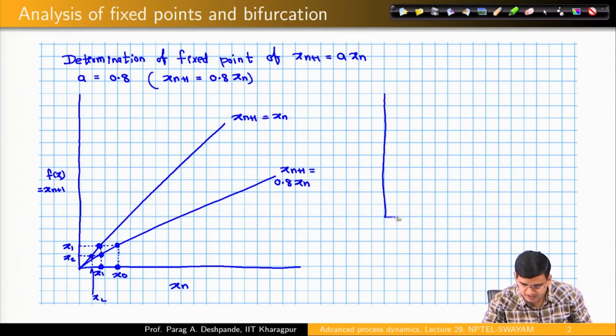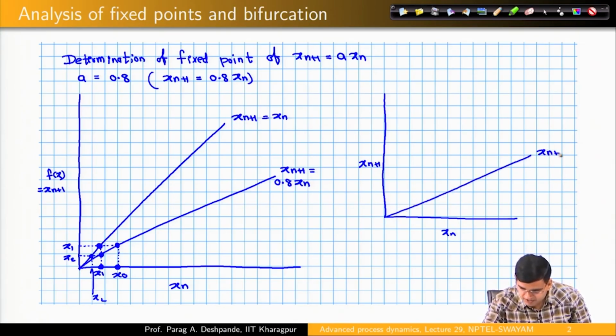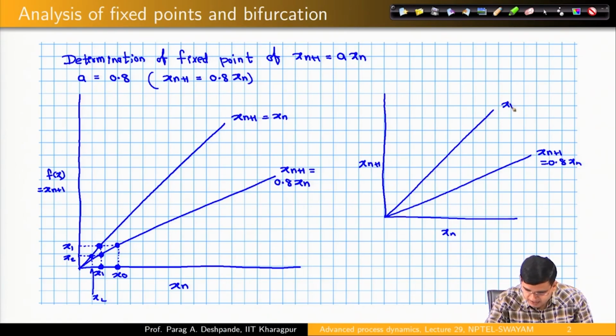What is going to happen is this: you have x n plus 1, you have x n, and if I show you an expanded view, then x n plus 1 is equal to 8 times x n, and this line is x n plus 1 is equal to x n.